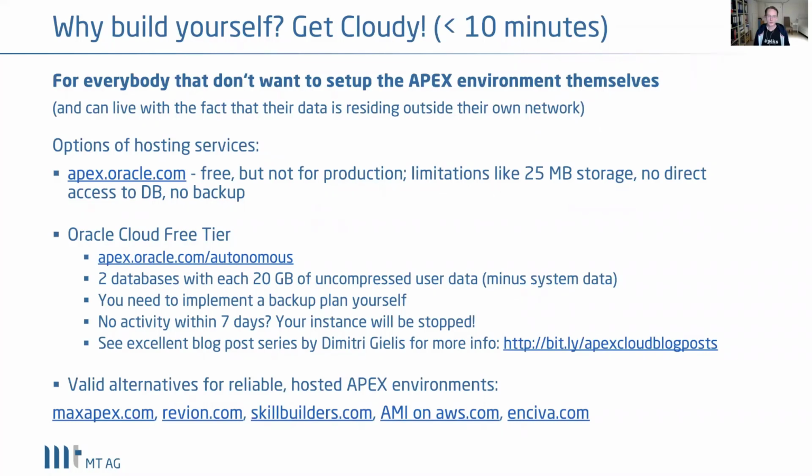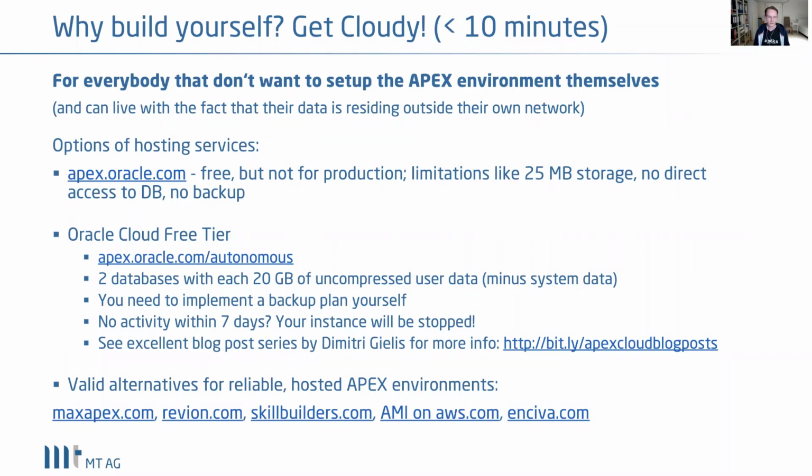Dimitri also has an excellent blog post series he has written about this, so have a look at that. You get all the various kinds of tips and possibilities within the free tier regarding the Apex installation. It's quite nice, but we have also seen some nice alternatives, and they are still valid. I've listed some of them here.